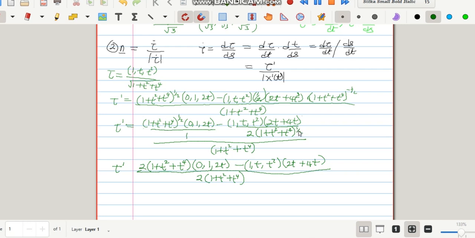Now if this comes down, you are going to have 1 plus 1 over 2, which is going to give us 3 over 2. So the power here is 3 over 2.